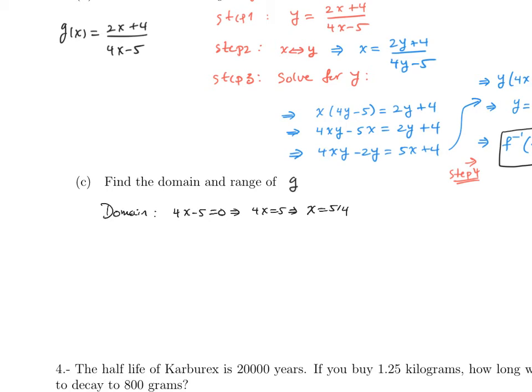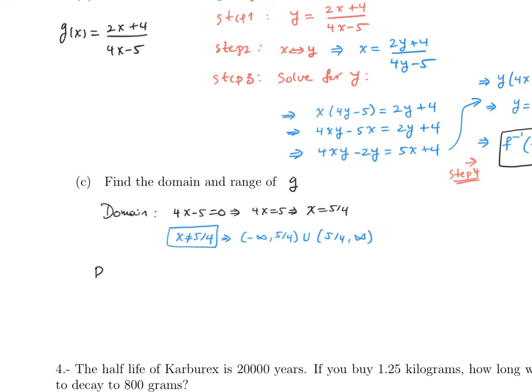Therefore, the domain is x is not equal to 5/4. So you can say it's all the real numbers except for this. If you want to write it in interval notation, this will be minus infinity to 5/4 or 5/4 to infinity. But this is good enough.